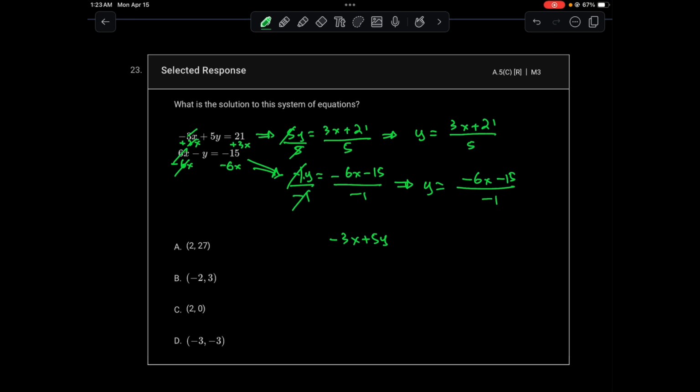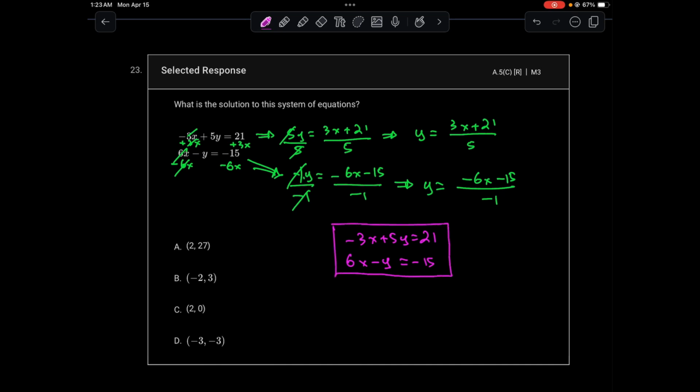Negative 3x plus 5y equals 21. I'm going to change the color now. We have negative 3x plus 5y equals 21. And the other one, 6x minus y equals negative 15. Okay, this is what we were given.